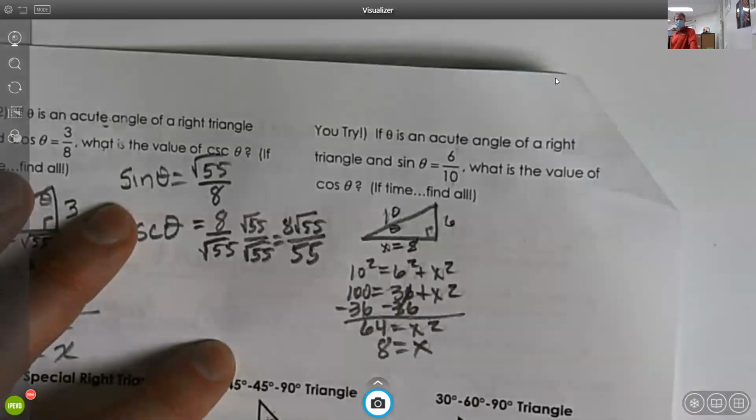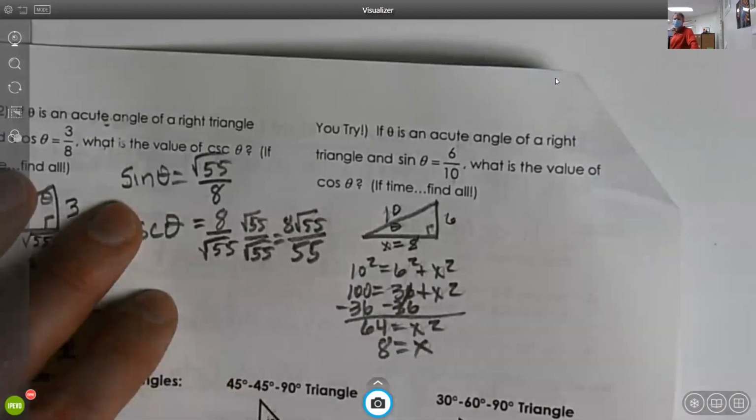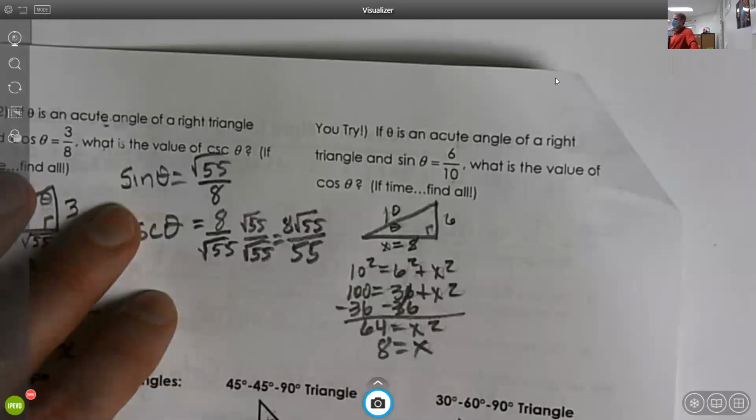If you look at those numbers, it's 6, 8, and 10. If you divide them all by 2, you get 3, 4, 5. So that's what you're really trying to recognize. If the hypotenuse is a 10, and the short leg was that 6, which is double the 3 and double the 5, you know the final side has to be double the 4.